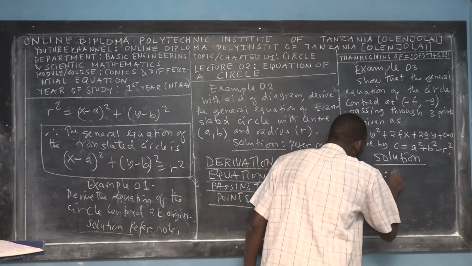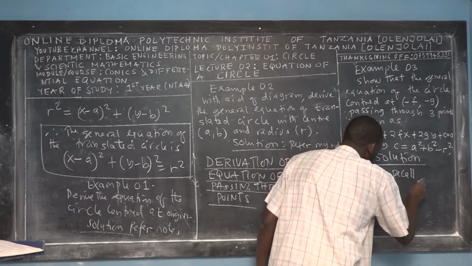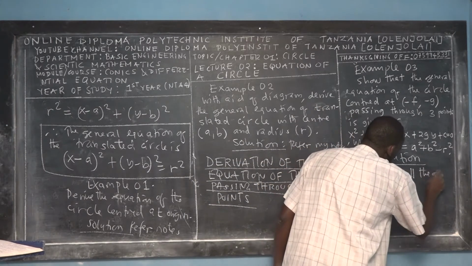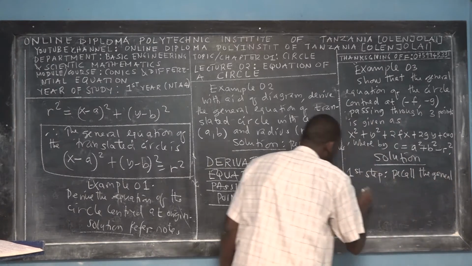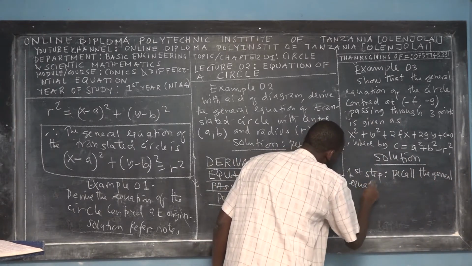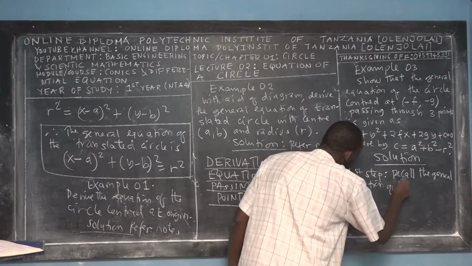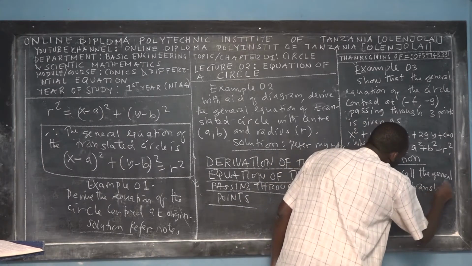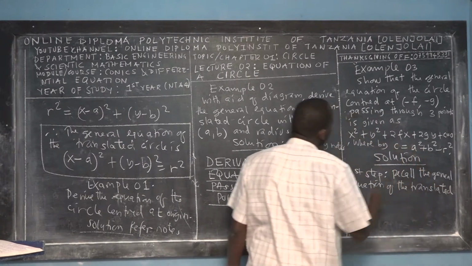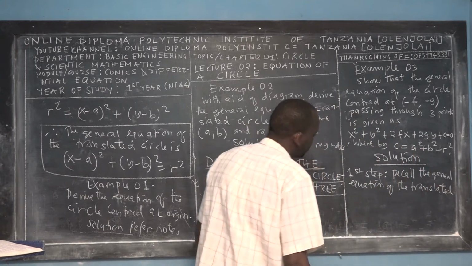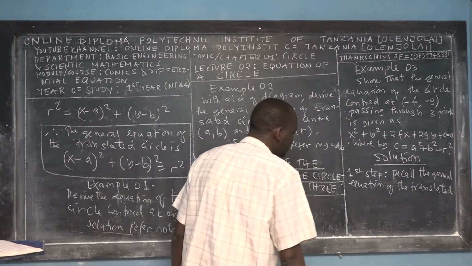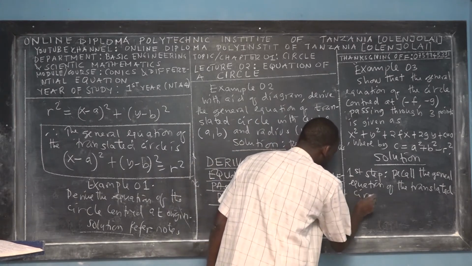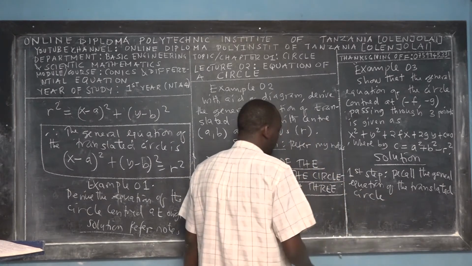So the first step: recall the general equation of the translated circle, because any circle passing through 3 points is a translated circle. What is the general equation?